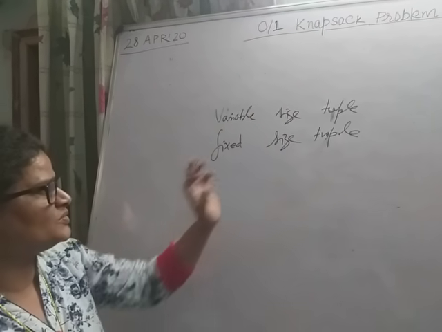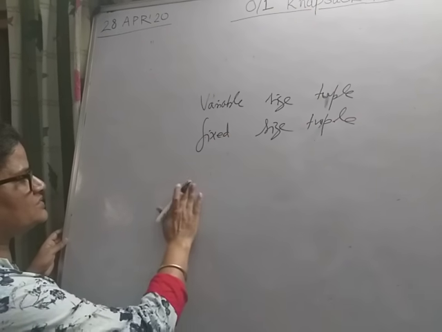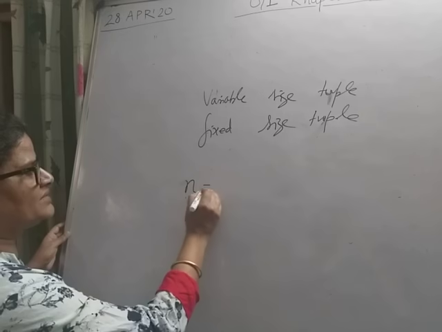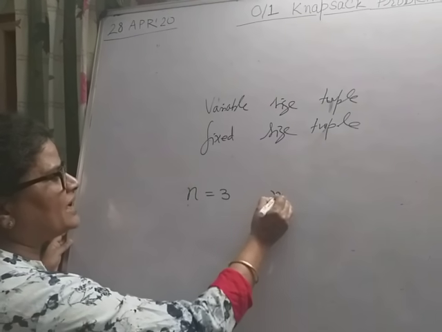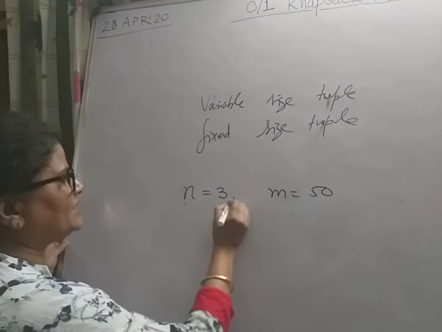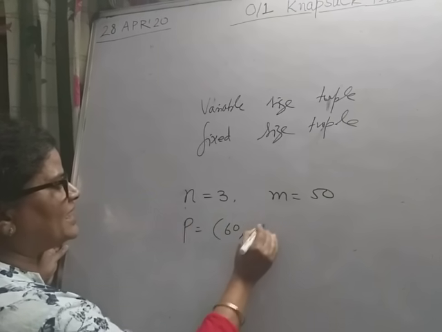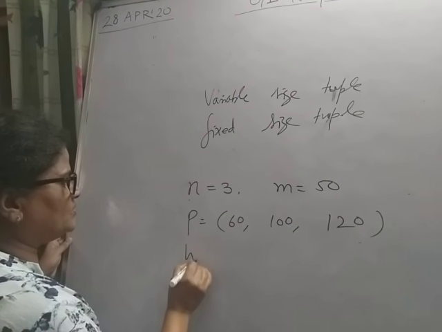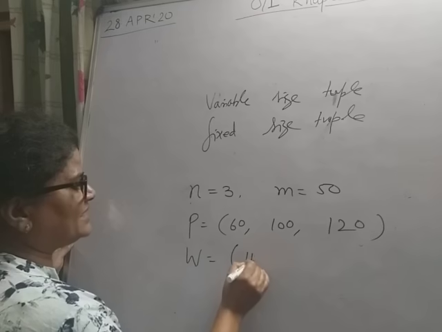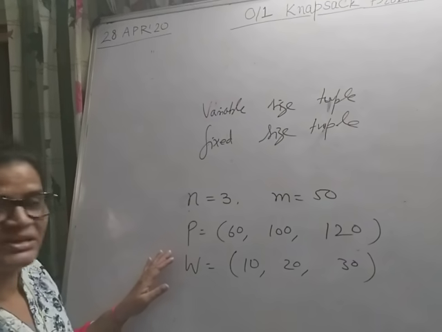Suppose n equals 3, m equals 50, the profits p are 60, 100, 120, and the weights w are 10, 20 and 30, as in the example from part 1.